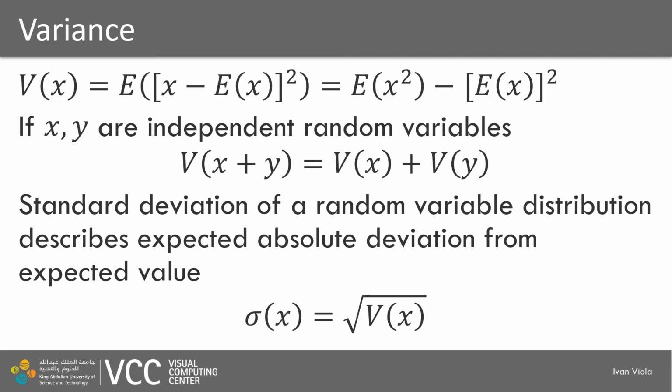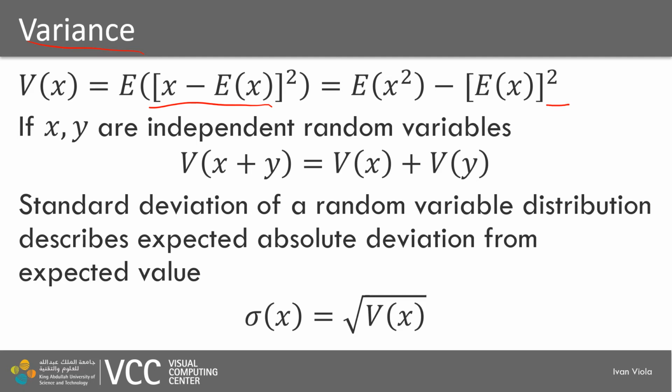The expected value is tightly bound to the notion of variance, which you are both already familiar with from probability and statistics. The variance is the expected value of the square of the difference of a random variable from the expected value.